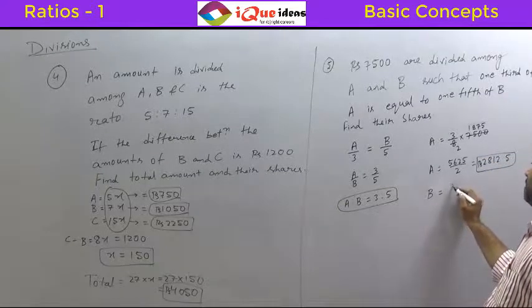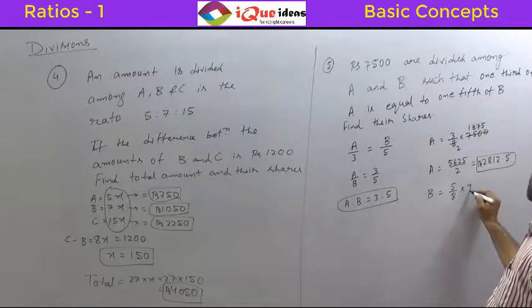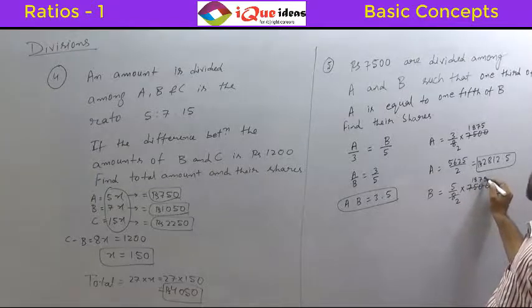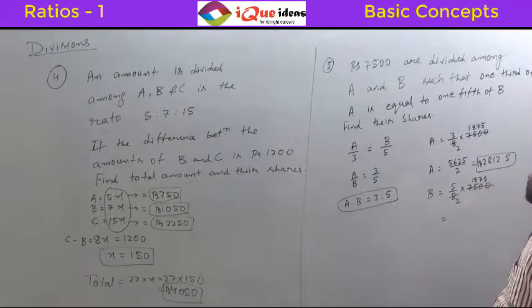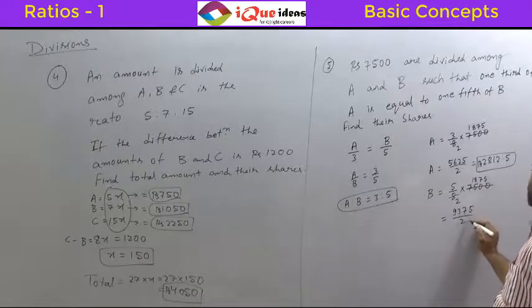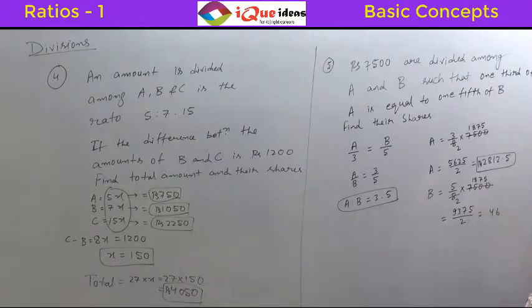B will be equal to 5 by 8 into 7500. This is 2 times, this is 1875 times, 1875 into 5, 9000 and 375. So 9375 by 2. So it is 4687.5 rupees. If you add, you must get the same value, 7500.